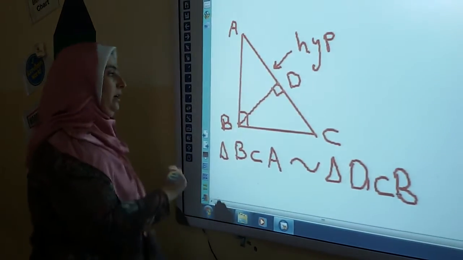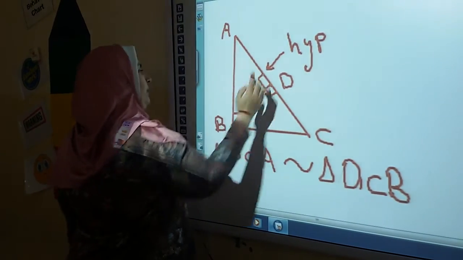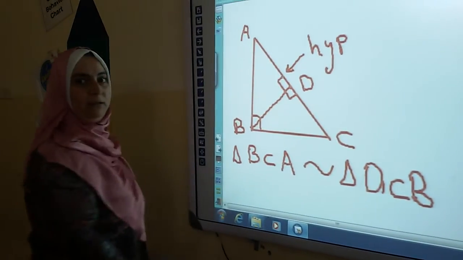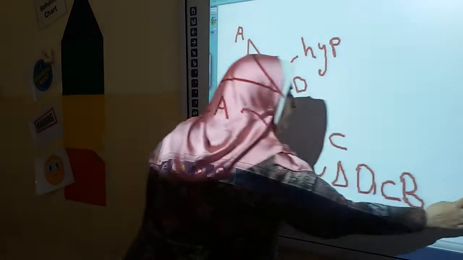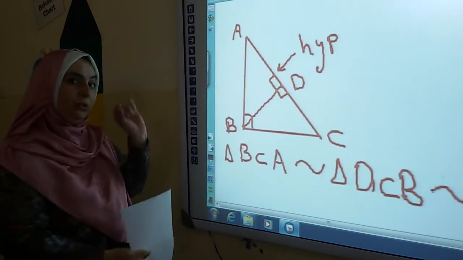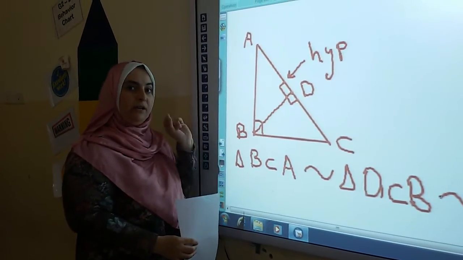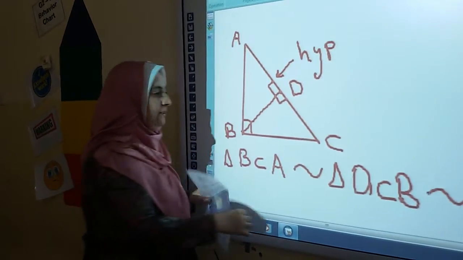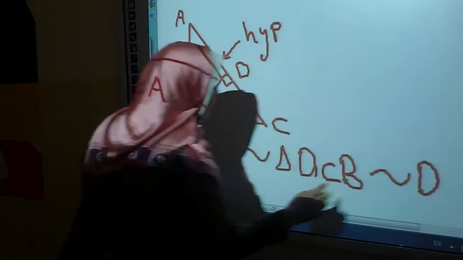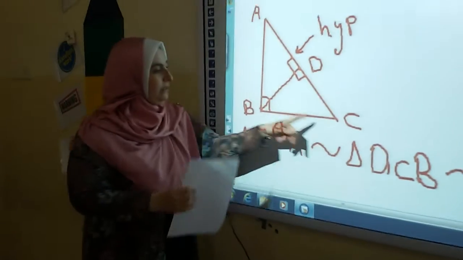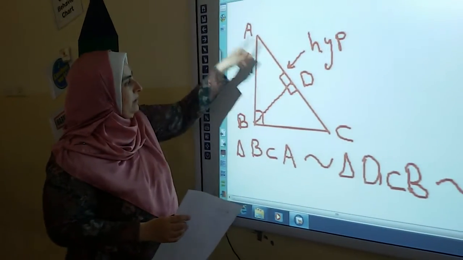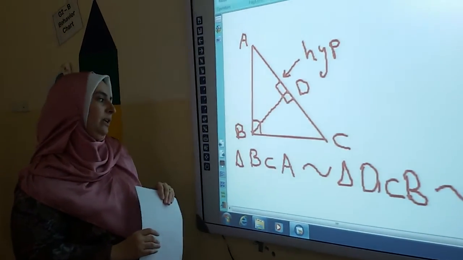Okay? Look, I have another triangle on the other side. Do you see this? The upper one? Okay. Let's see. It's similar to. We're going to start with the right angle, which is D. Very good. D. Okay. I have here C, but here there is no C. Which vertex am I going to take?